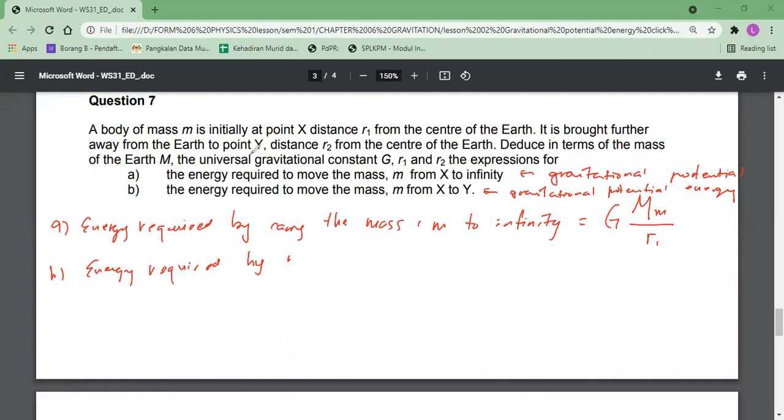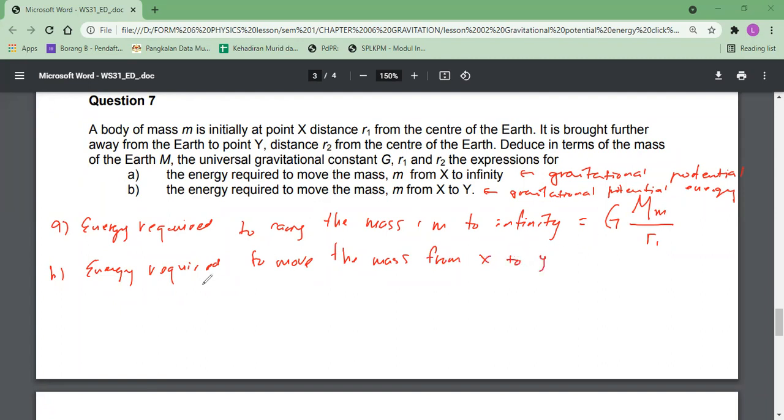Okay, so a gravitational potential energy. Better use the word to carry, to move the mass from x to y.